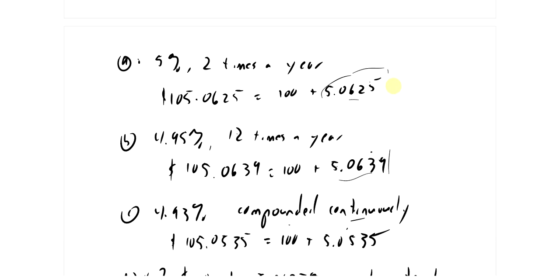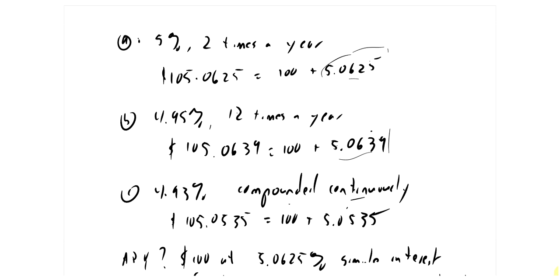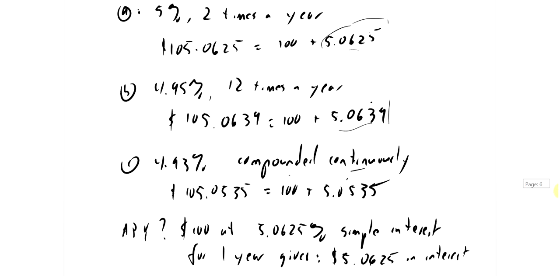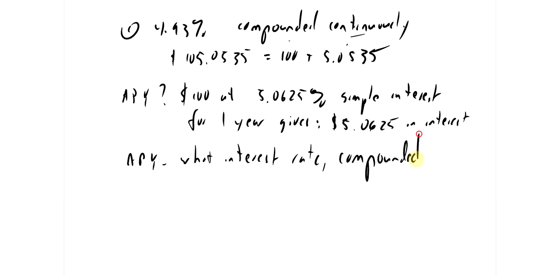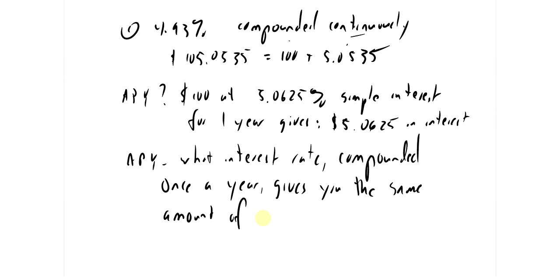And so what this APY does is it brings everything to what would be the interest rate compounded once a year. The same amount of interest as your investment.